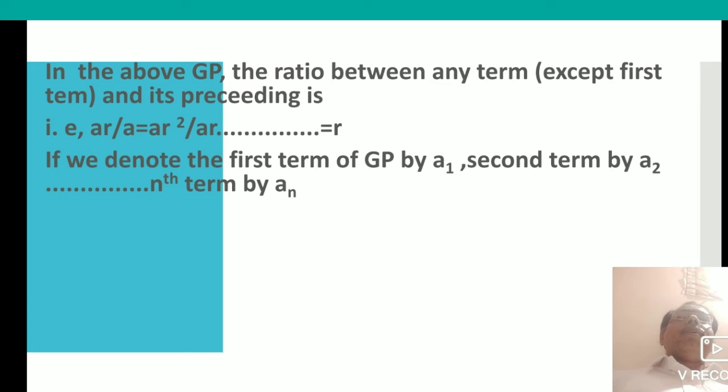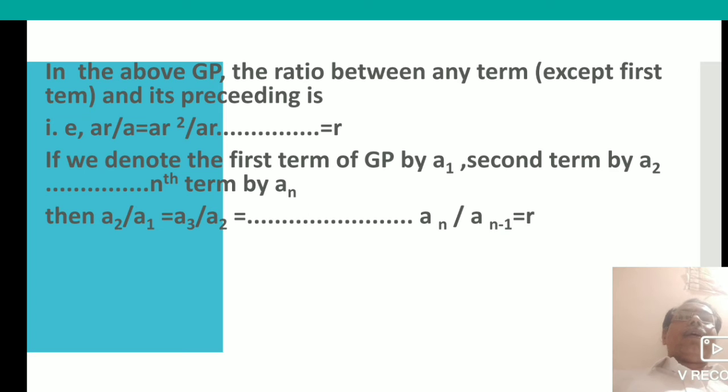So, if we denote the first term of the GP by a1, second term by a2, and so on, nth term by an, then we can easily write a2 by a1 is equal to a3 by a2 is equal to and so on, an by an minus 1 is equal to r.